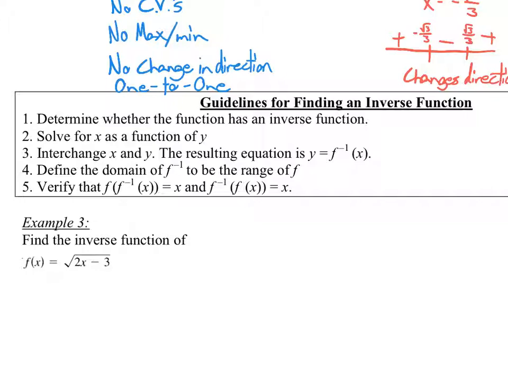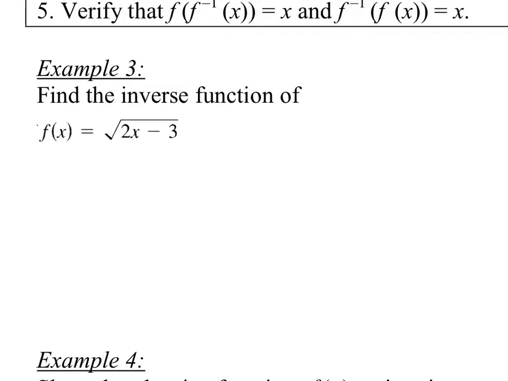So, if I'm finding the inverse function here, I have y equals the square root of 2x minus 3. Following this method, I ask myself, does this actually have an inverse?